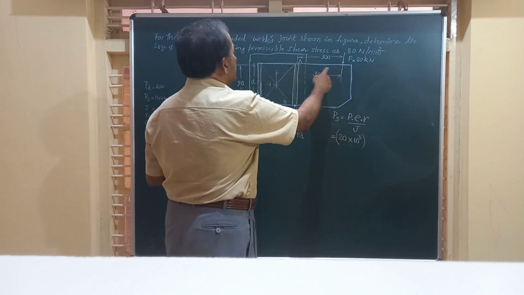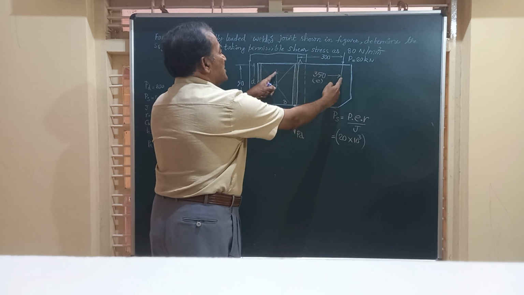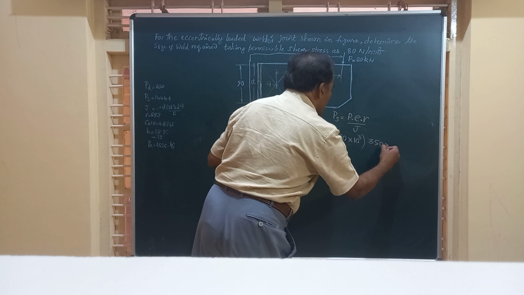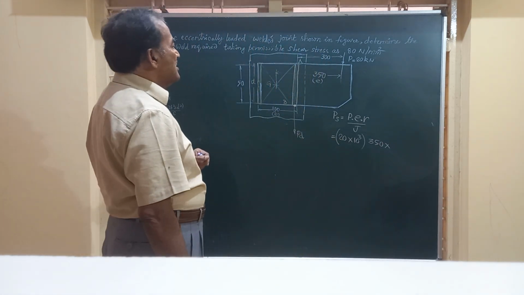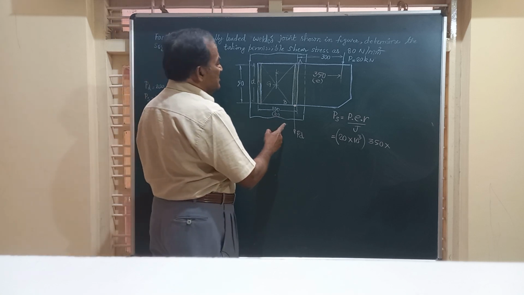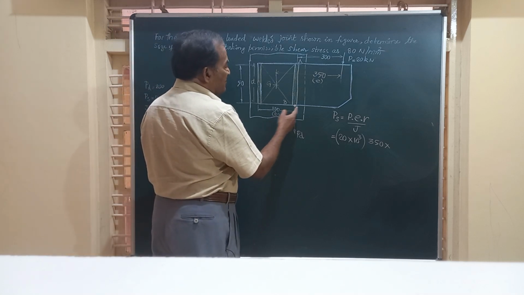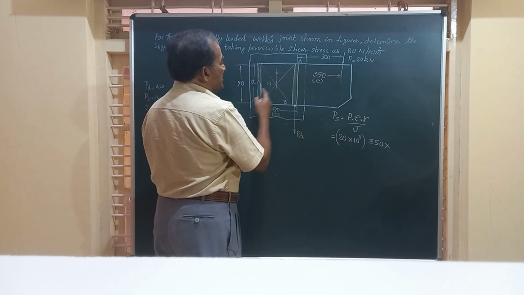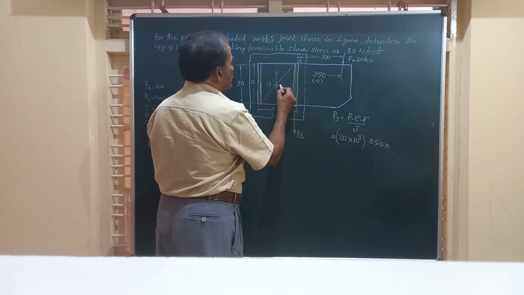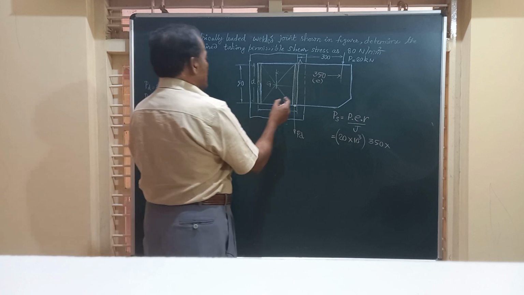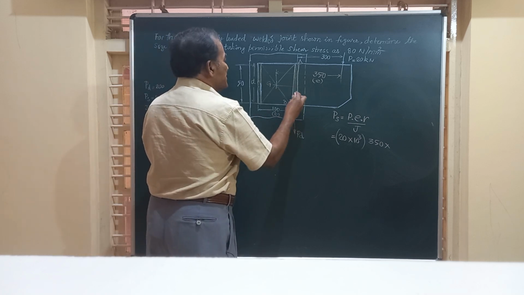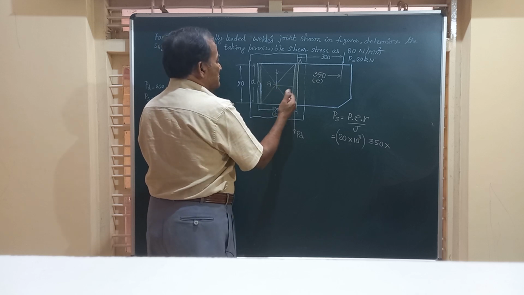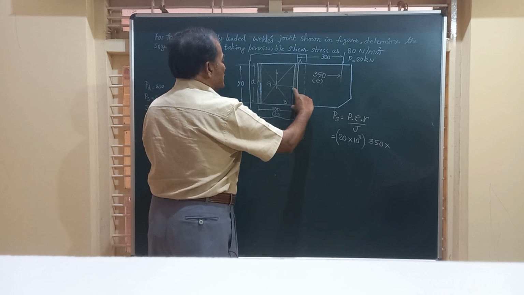E is the eccentricity, that is 300 plus 50, 350, multiplied by R. The value of R is the distance of the farthest end of weld from G. So friends, this is R, all are equidistant. You can find the value of R from this right angle triangle: R is equal to the square root of this square plus this square.